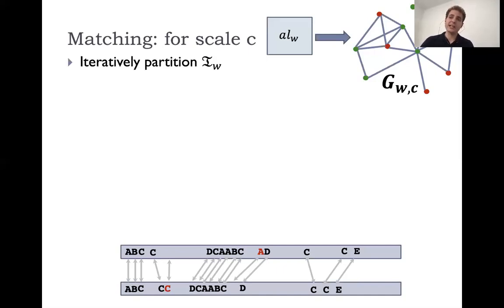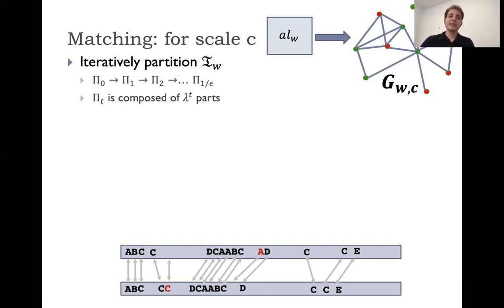And we're going to do that by slowly partitioning the set of intervals. We're going to start with pi_0, which is a partition that consists of one part, which is all the intervals, and we're going to slowly refine such a partition to make the parts smaller and smaller.